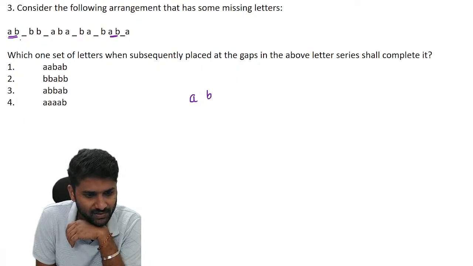Next, you can check with the options. Definitely this is A. For example, A, B, A, B, B. Check here.